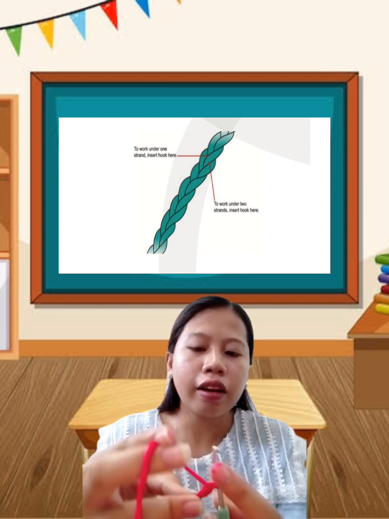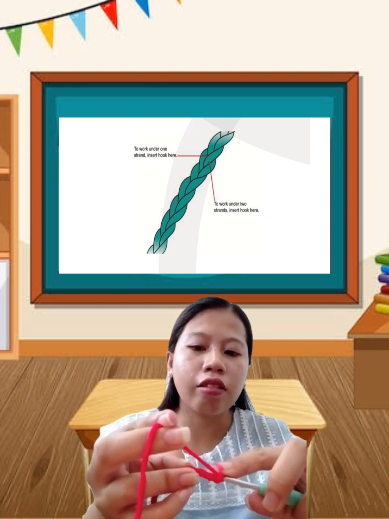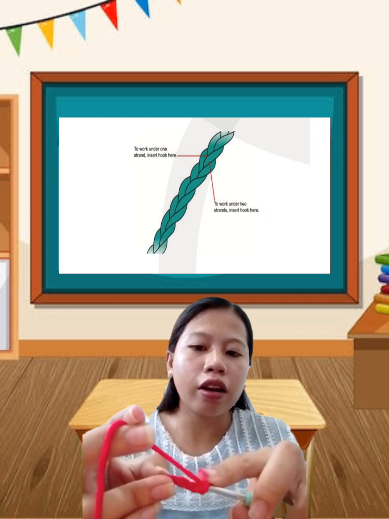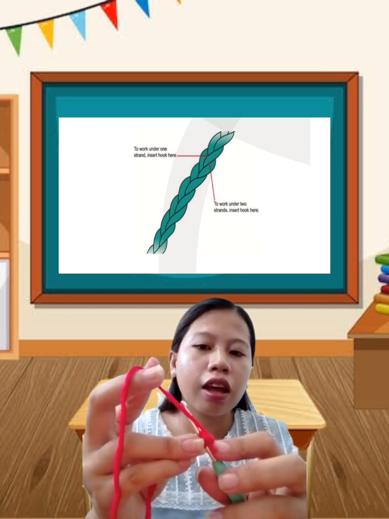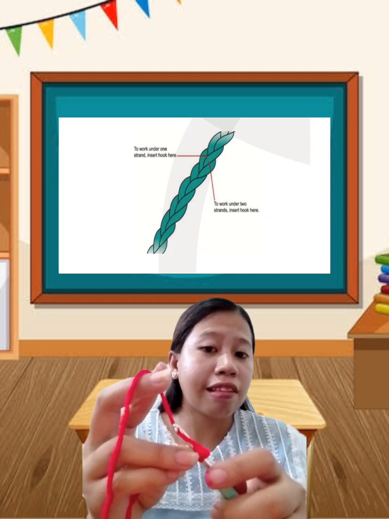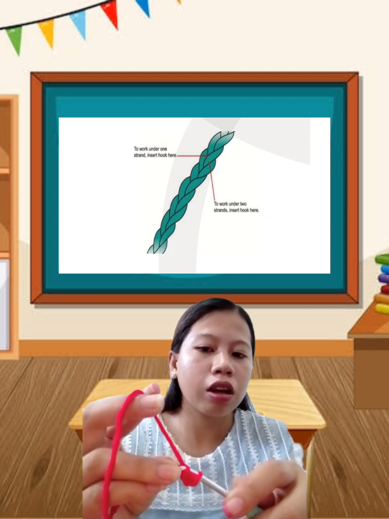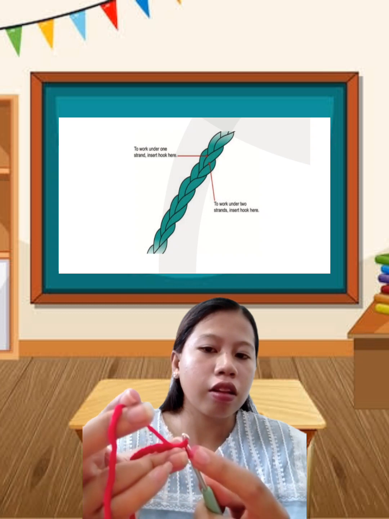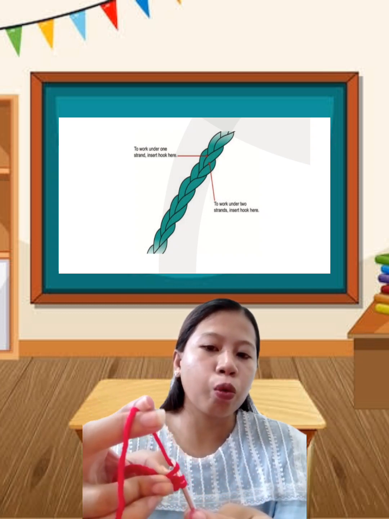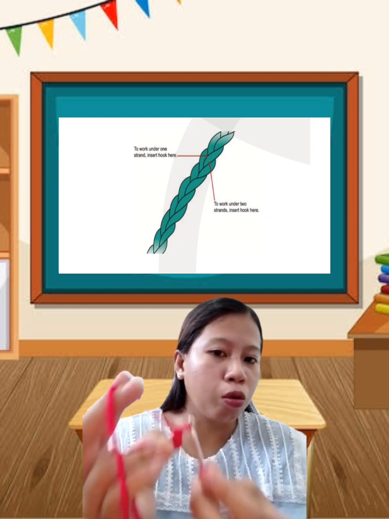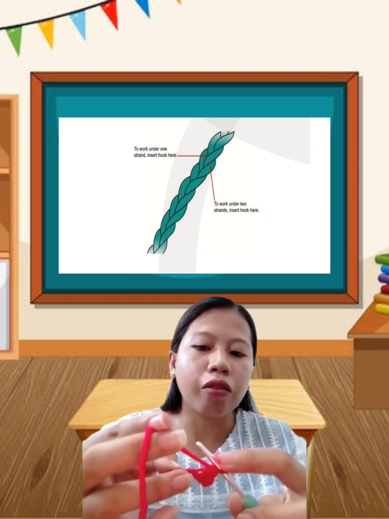Okay, another one. Insert the hook into one strand of yarn, yarn over, twist the hook and pull through between 2 loops. Okay, another one.